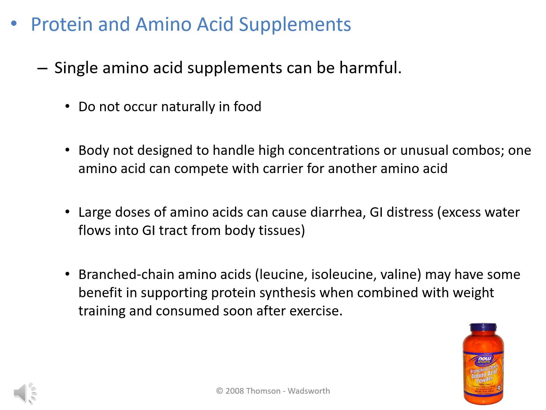In fact, in the past, recommendations to take the single amino acids lysine and tryptophan in large amounts have led to adverse health effects. Large doses of amino acids in general can also have GI effects, which can include profound diarrhea. This occurs because excess water gets pulled into the GI tract as your body tries to dilute this hyperconcentration of amino acids.